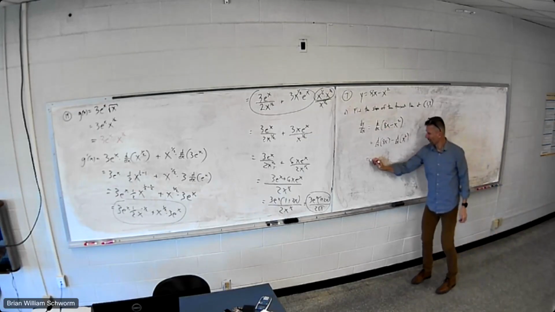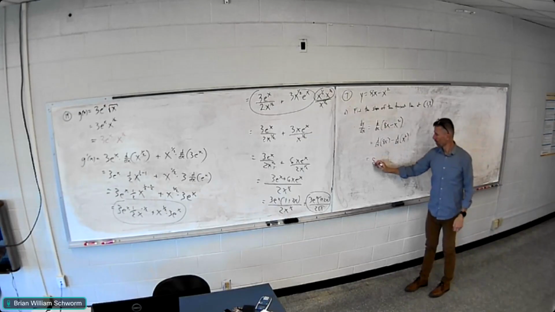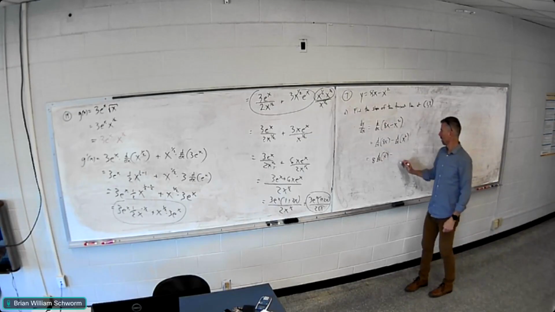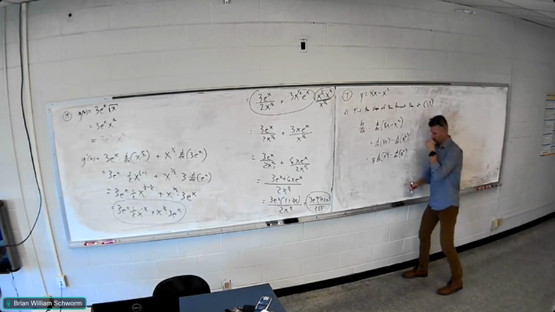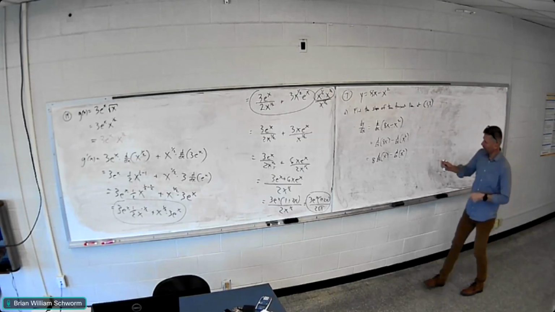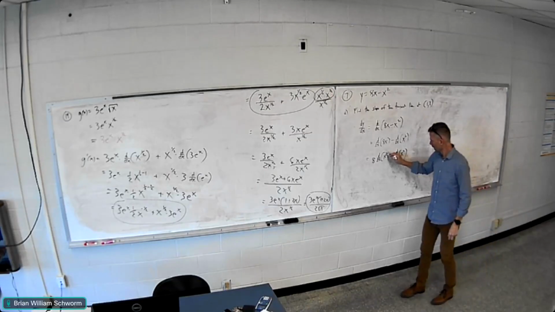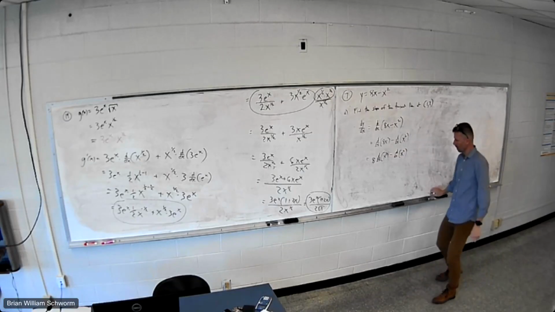Yeah, I'm doing this slowly. The constant that I'm multiplying by here, 8, it slides through. Derivative of x: you can think of that x as x to the 1 power. So we can use the power rule.